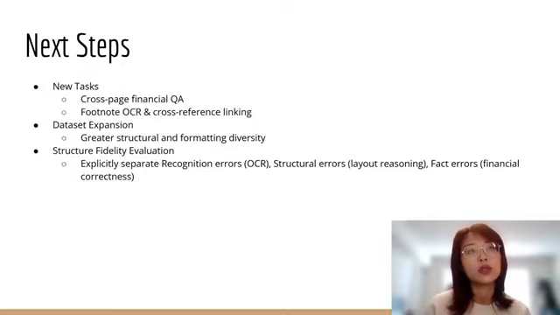Therefore, we want to introduce structural fidelity evaluation, which explicitly separates recognition errors, which come from general OCR, structural errors, which come from the structural evaluation, and the fact errors, which we are doing right now for FinCriticalED.